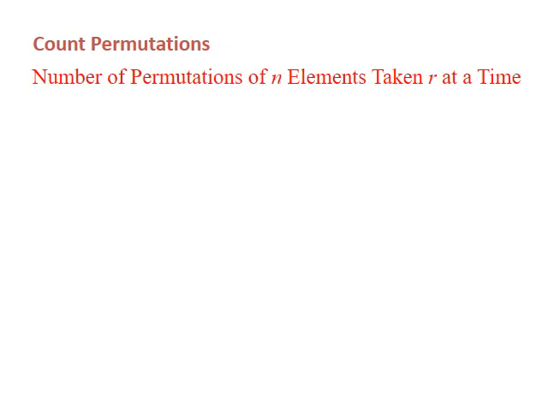Now, there is a formula for permutations, and it is this. This notation might look somewhat familiar because we once had a C in a previous lesson. But now this represents permutations.